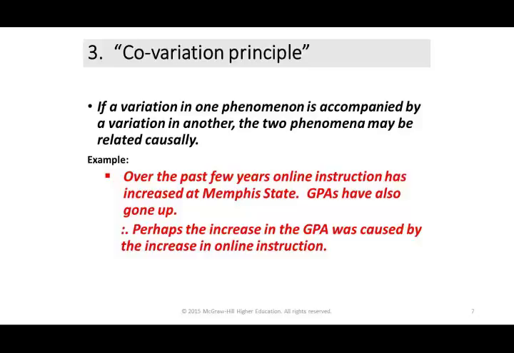What they're saying is, there's been this consistent moving up, this increasing of GPAs at Memphis State, and that goes along with an increase in the number of online courses. So because they're both creeping up together, they vary, but they vary together. One may cause the other, okay?